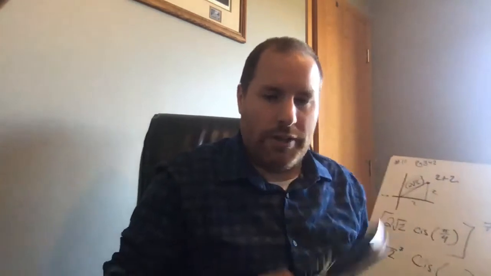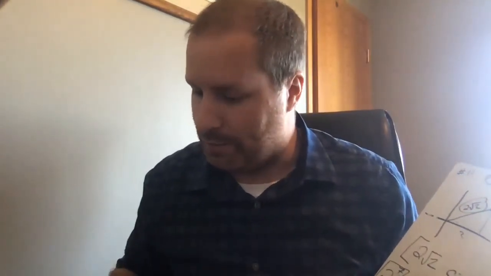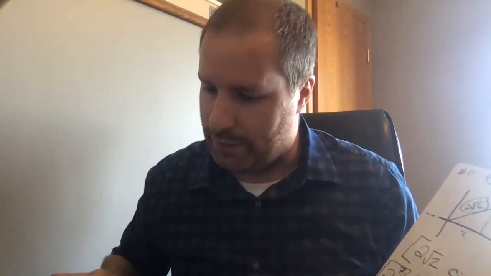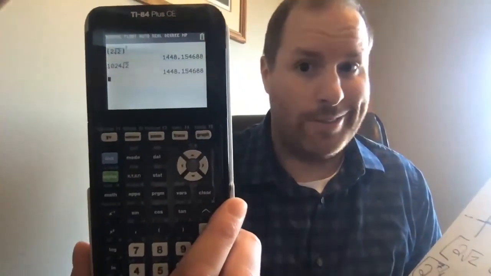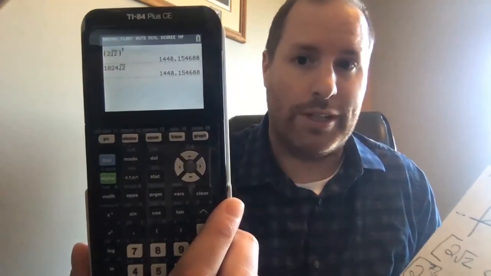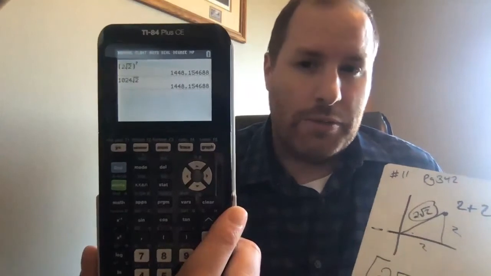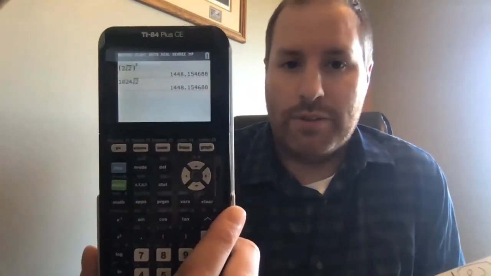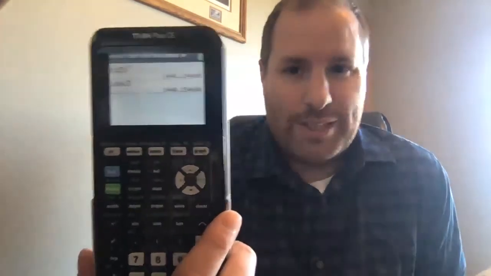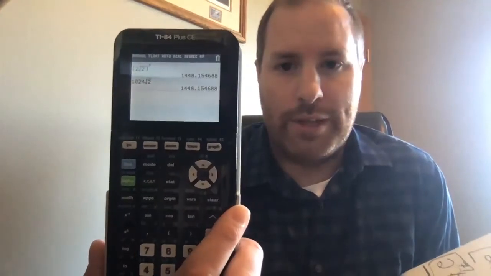So there's 2, the root 2 to the 7th power. We have to make sure we do the entire thing to the 7th power. And hopefully, I actually haven't checked this before doing it. Hopefully I did everything right and don't embarrass myself when I type that in there. Whew. Okay, good. Math still works out and the world is still turning. So those two things, they're exactly the same. The second one is just a little more simplified version of the first one. So that's keeping that in radical form, and that's how you can do that.